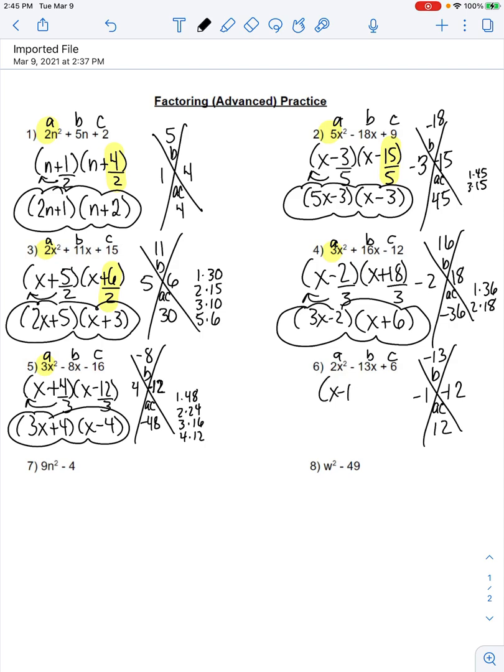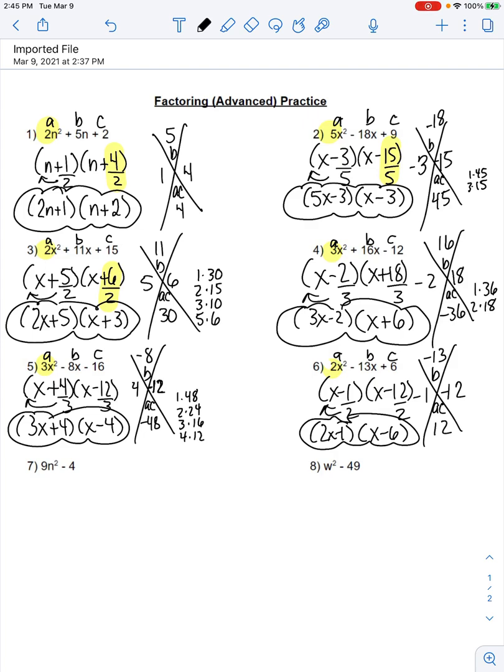So my factors are going to be x minus 1 times x minus 12, but remember to divide by a. So this becomes 2x minus 1 times x minus 6. Those are your two factors, and so that is completely factored.